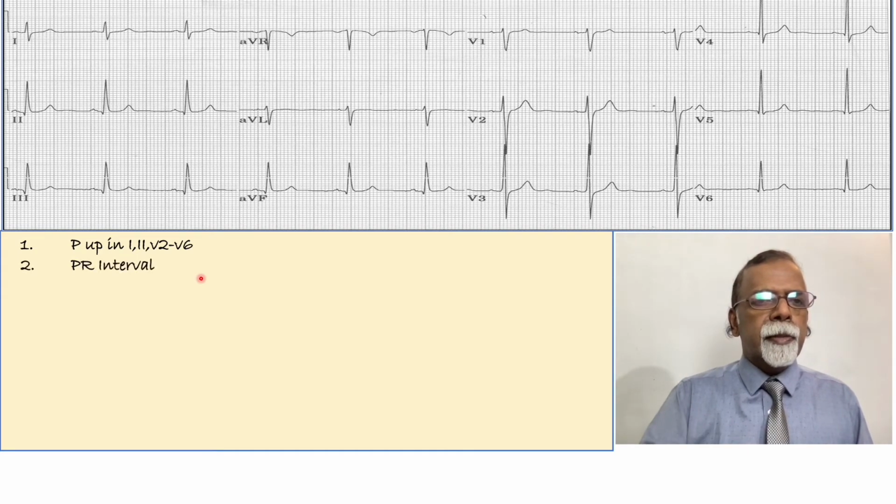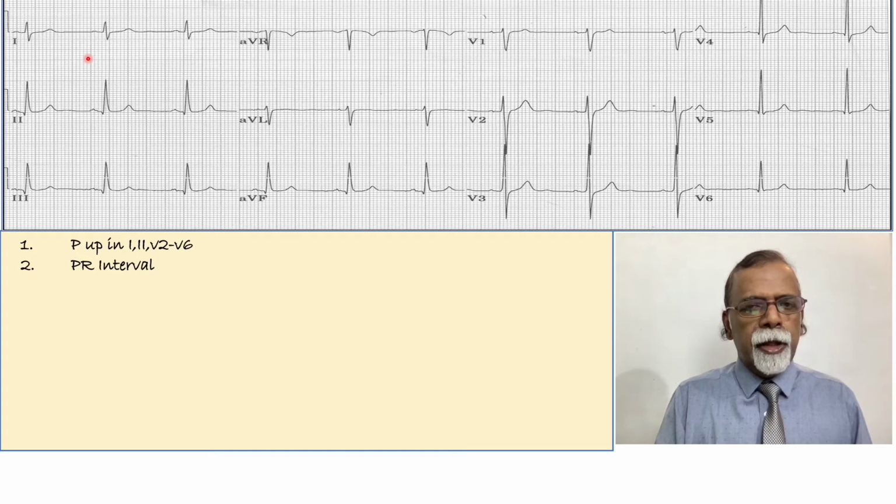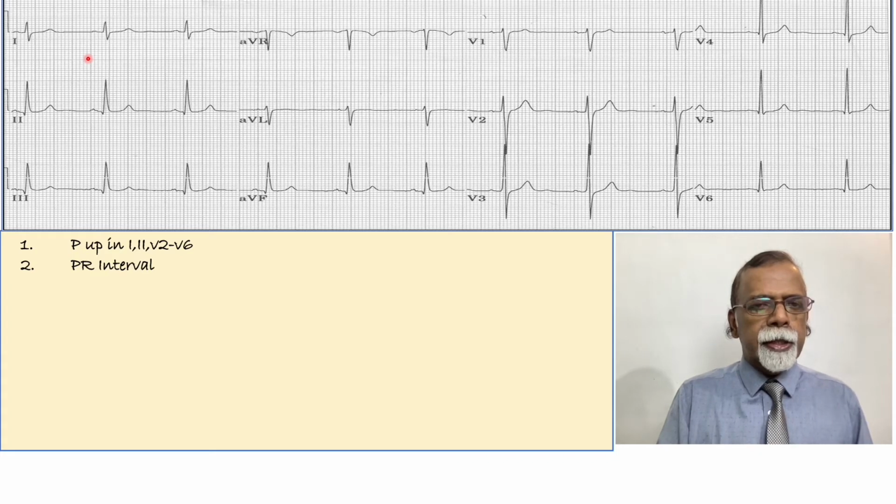Next is looking at the PR interval. In a normal ECG, the QRS should be preceded by a P wave in the normal PR interval. The normal PR interval is between 0.12 to 0.2 seconds, that is 3 to 5 small divisions.